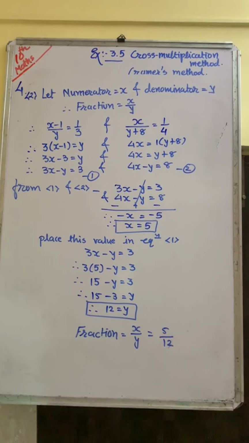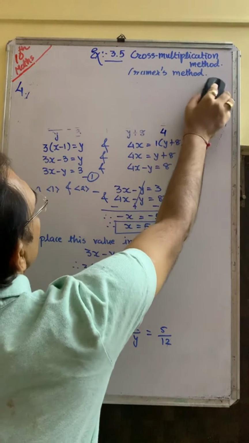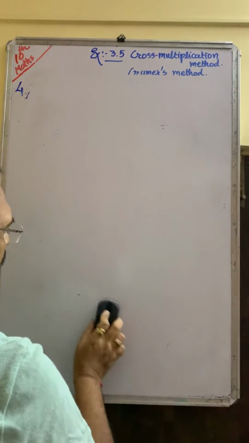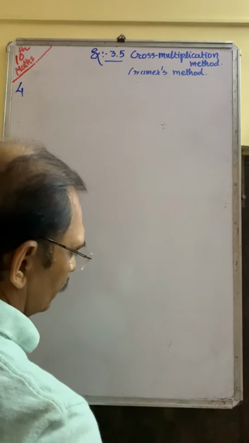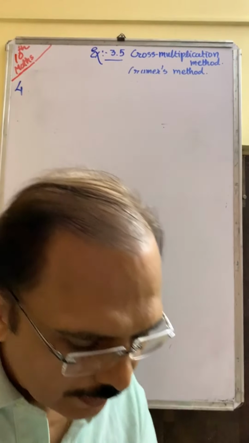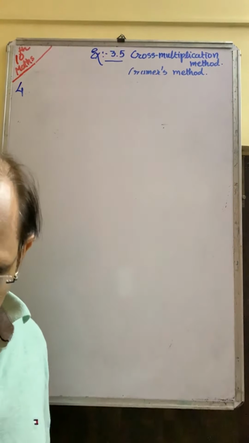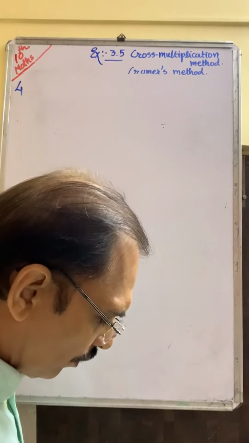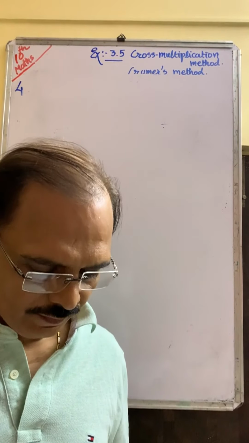Now number 3. See, Yash scored 40 marks in a test, getting 3 marks for each right answer and losing 1 mark for each wrong answer.